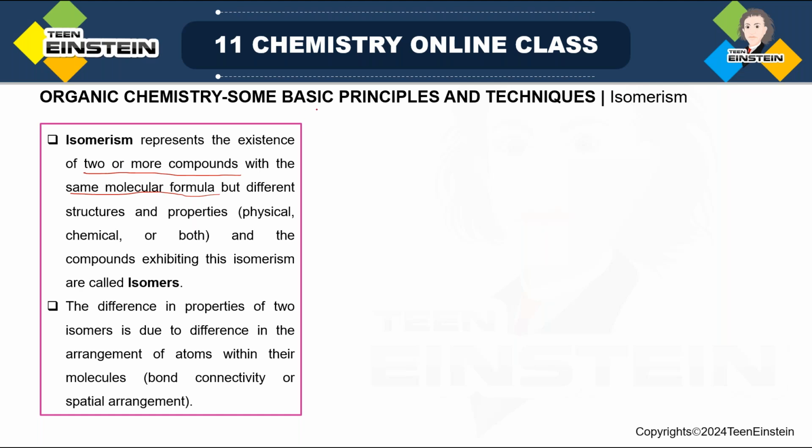So a very simple example we can take. Suppose we have ether, CH3OCH3, and we have CH3CH2OH. The second one is alcohol. Now in the first case, the total number of carbon is 2, hydrogen is 6, and oxygen 1. So this is the molecular formula.